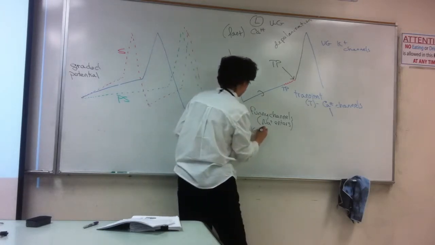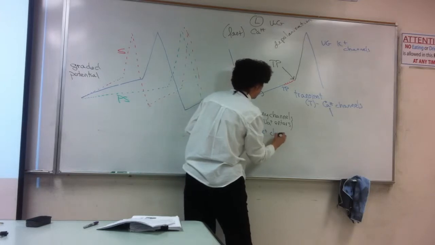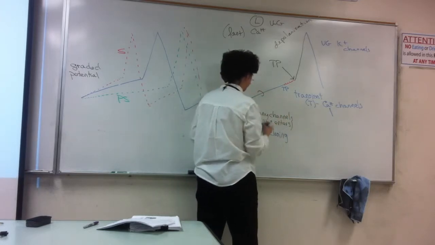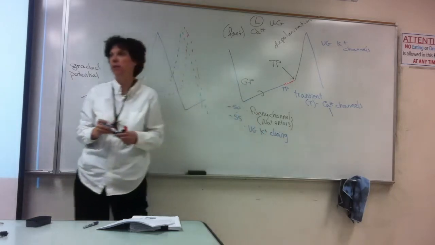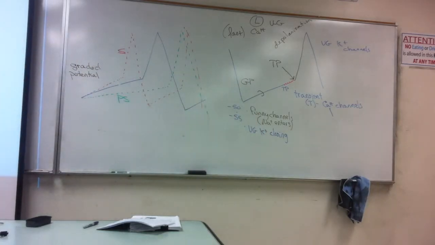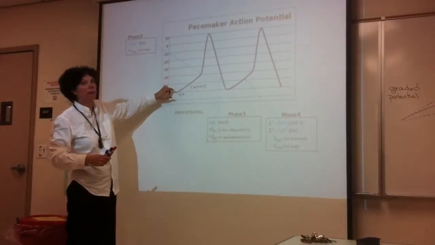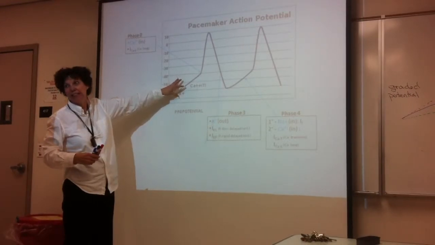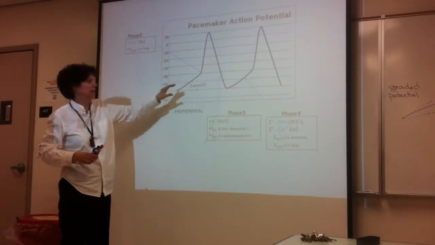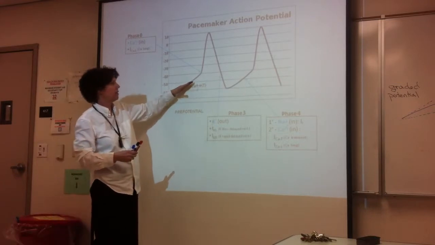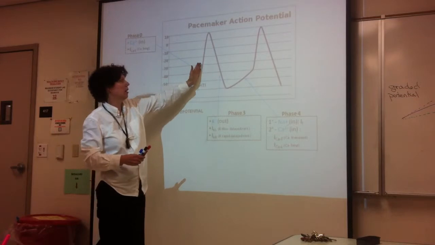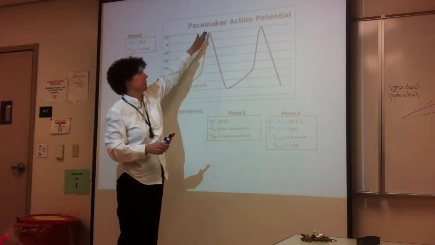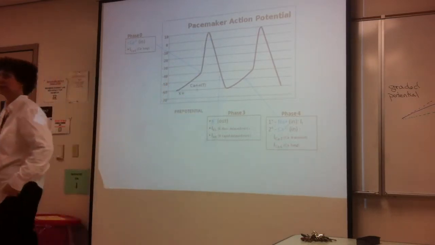So voltage-gated potassium are closing, thus we're slowing down our loss of positive ions. And then at this point, we open the transient calcium. So that's what this potassium is referring to here. Okay? So while they're still open, we're slowly losing potassium. And then they eventually close. Sodium is gained. Calcium is gained through transient channels. Then the long-lasting fast channels open, and we see our spike with the voltage.